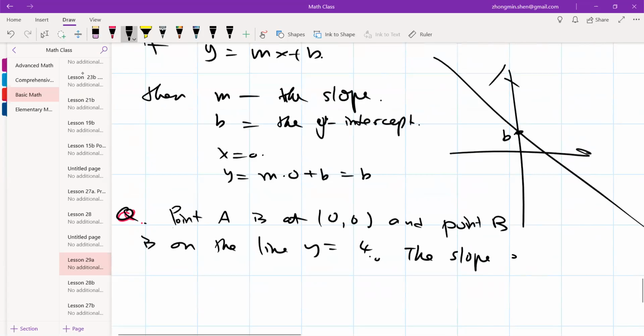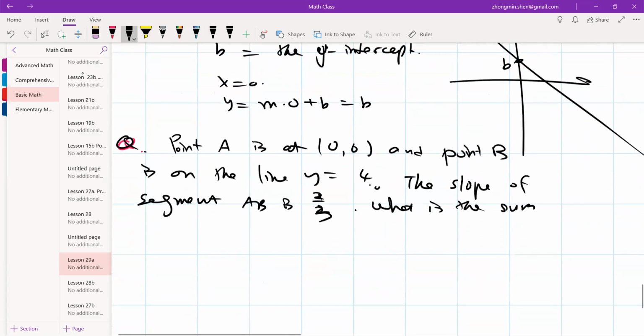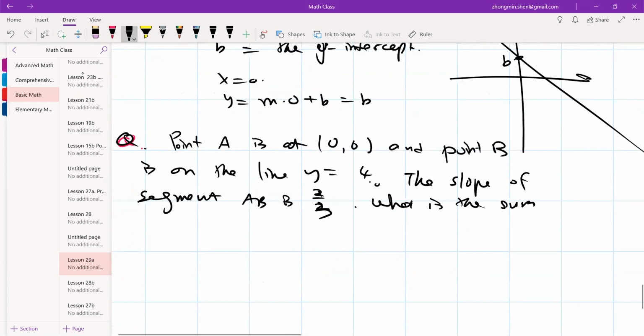The slope of segment AB is 1/2. What is the sum of the x and y coordinates of point B?